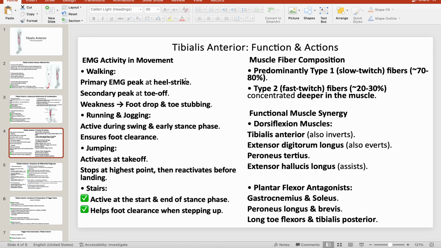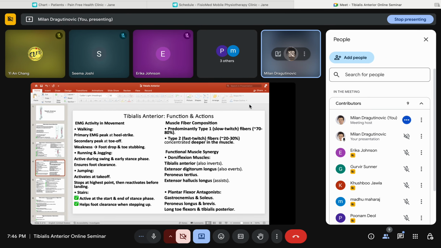Can someone maybe, let's see if the speakers work. Can someone tell me why this is an important slide? Function and actions. Anyone?